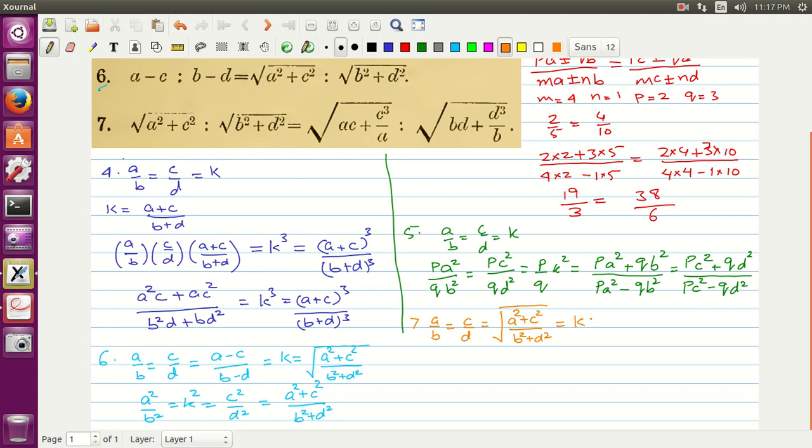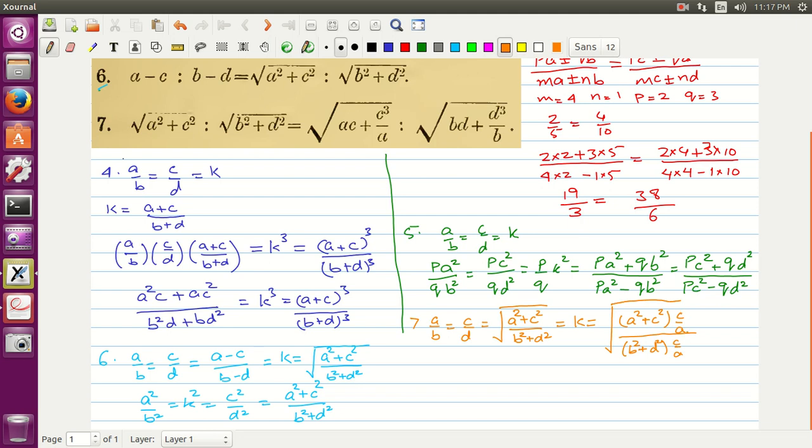Okay, now what we can write is, in this expression, that is A square plus C square, let us multiply this by C by A. So we have to do the same thing in the denominator, that is we have to multiply B square plus D square also by C by A. Correct?